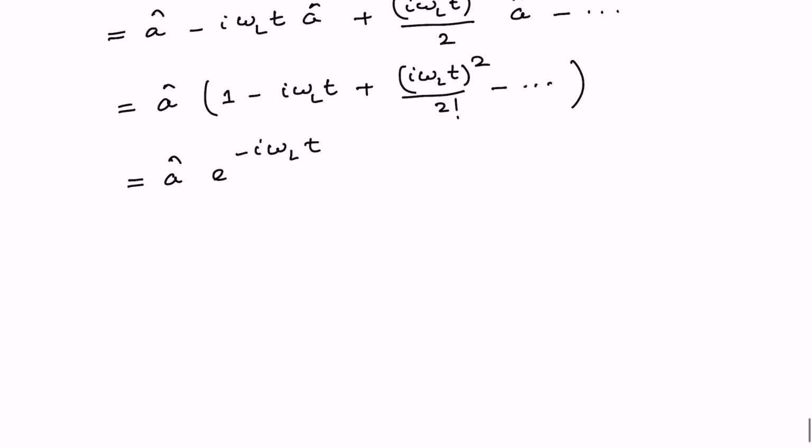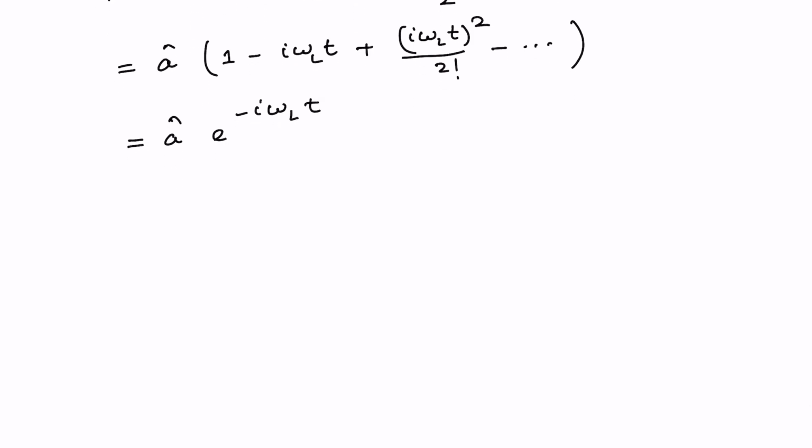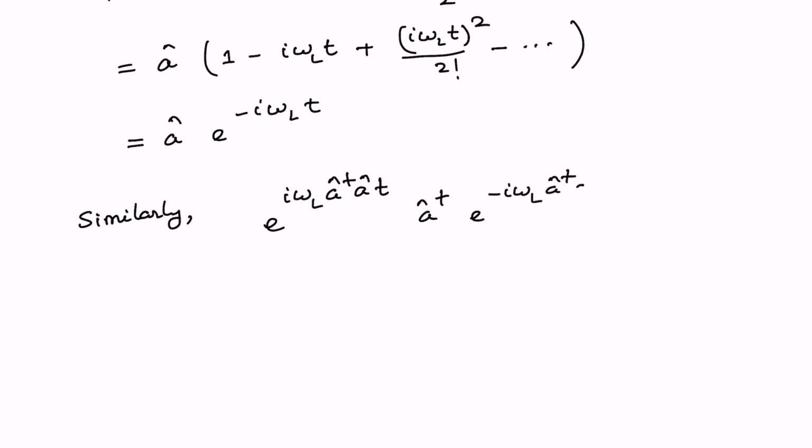Similarly, you can find e to the power i omega_L a† a t, this time with the operator a dagger, and it is a simple calculation you can do the way I have done it.